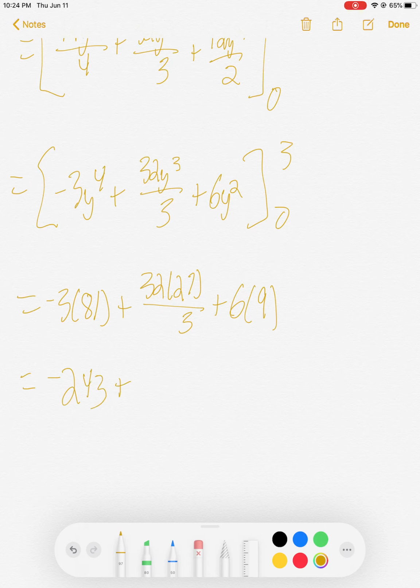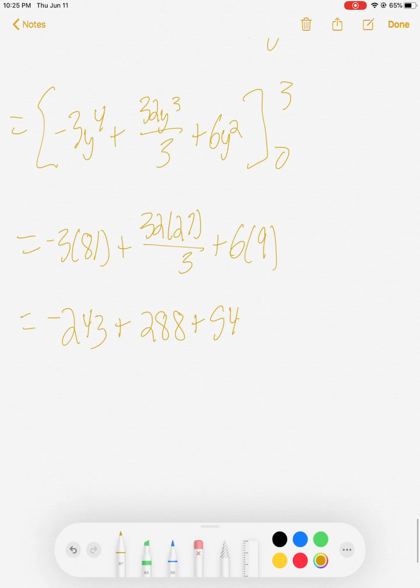But whenever I plug in 0, everything's going to go to 0, so I'm not really interested in what happens there. So let me see. If I plug in 3, I get negative 3 times 81 plus 32 times 27 over 3 plus 6 times 9, negative 243.